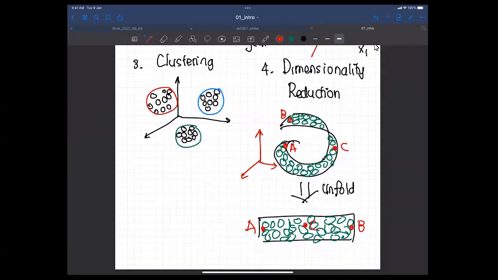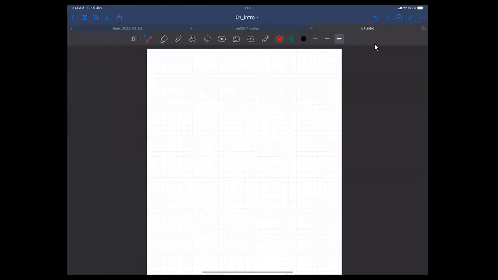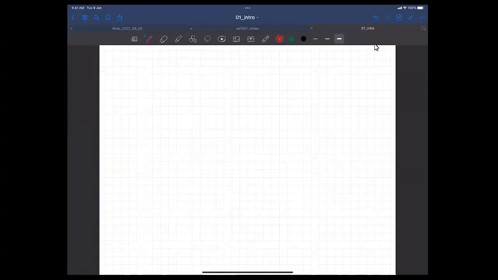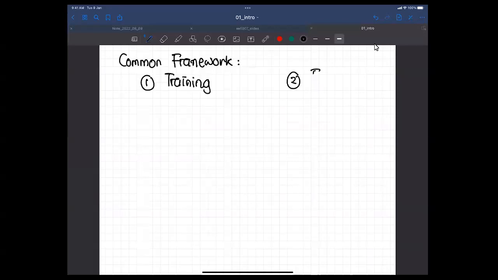All right, so next is the common framework of machine learning. I say it's common; it's not really necessary, but it's a common one. The common framework of machine learning consists of a training stage and a testing stage.